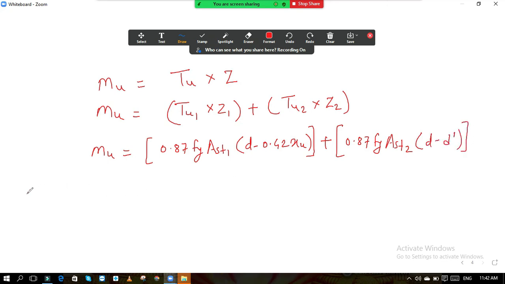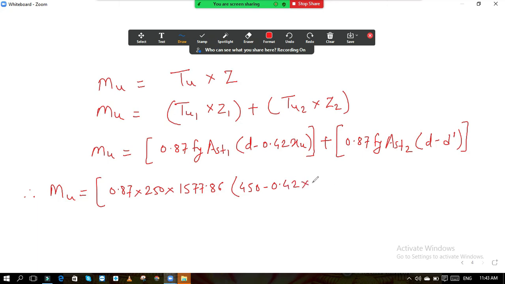Now just put the values over here. Mu is equal to 0.87 into Fy, which is 250, into Ast1, 1577.86, multiplied by d, the effective depth 450, minus 0.42 into Xu.